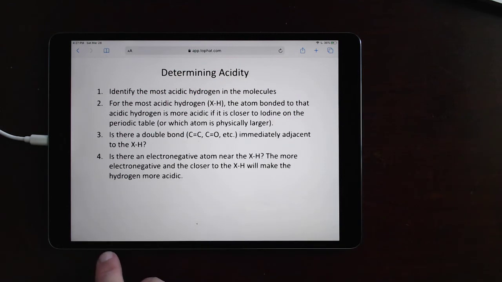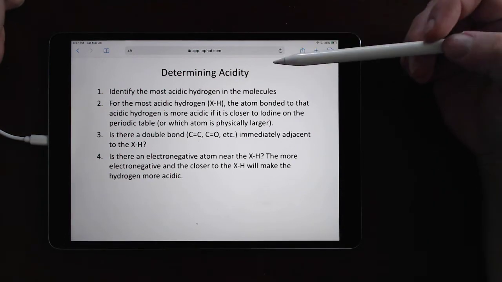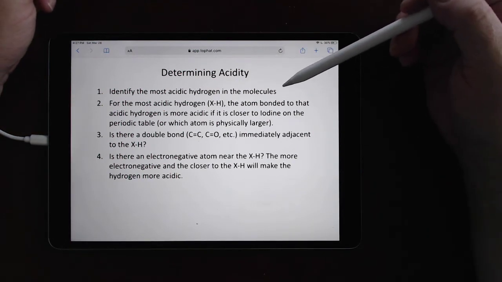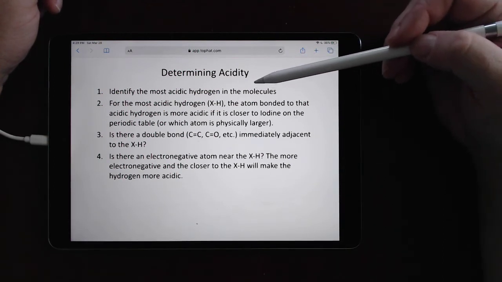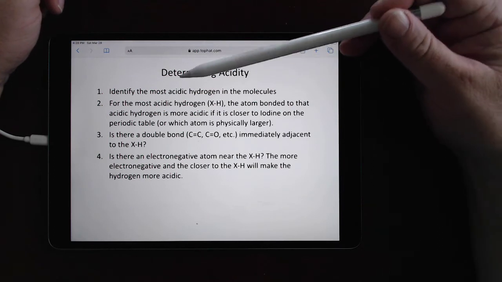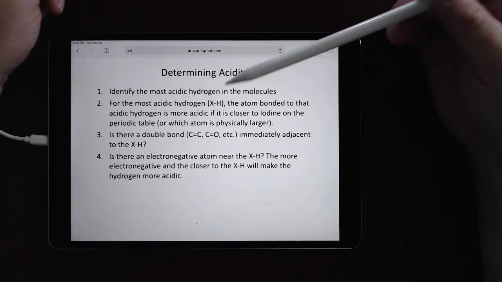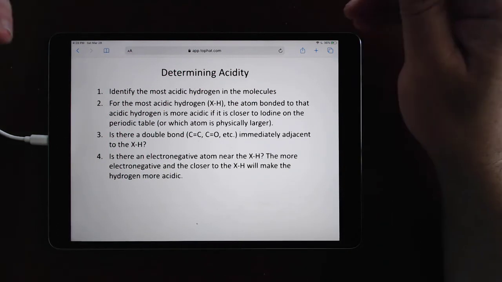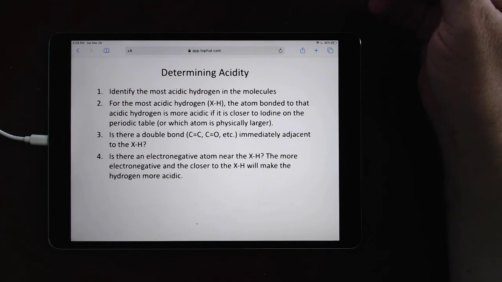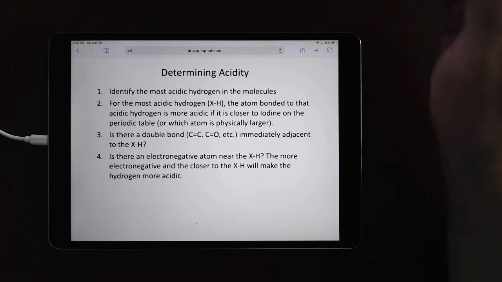Okay, so here's the decision tree. What you want to do is identify the most acidic hydrogen, and most of the time that's going to be a hydrogen that's not on a carbon. When you're comparing the two, the atom that's holding that acidic hydrogen, the physically bigger the atom is, the more acidic it's going to be.